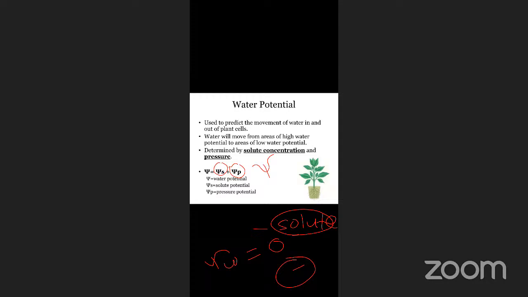So pressure potential is denoted by psi p. Pressure potential means if you add solvents, not solutes, that is, add extra water to the already existing water.